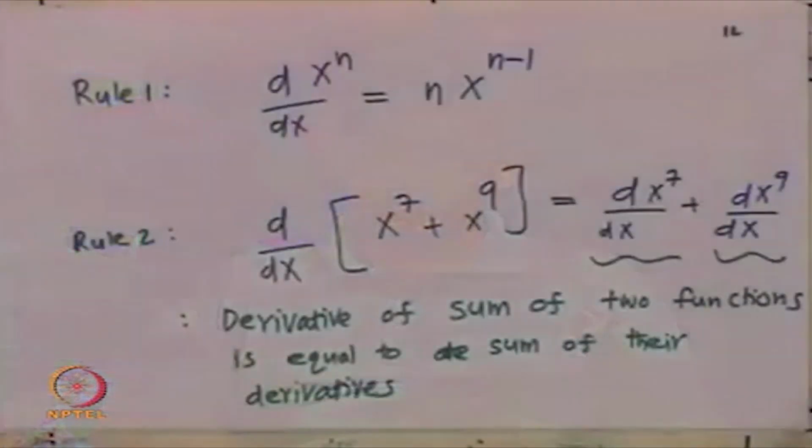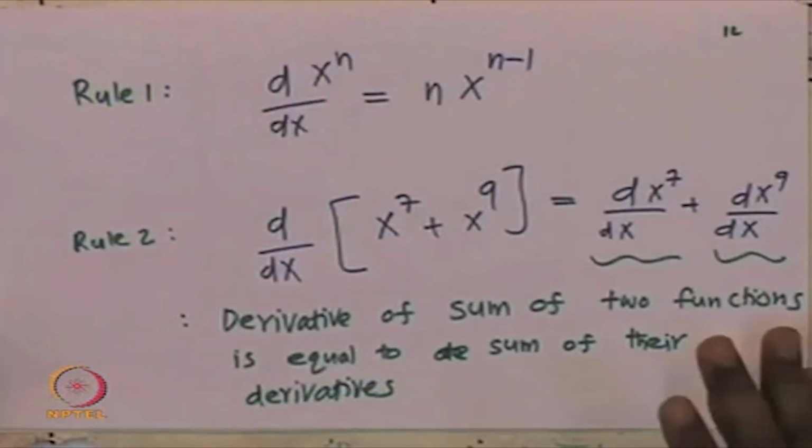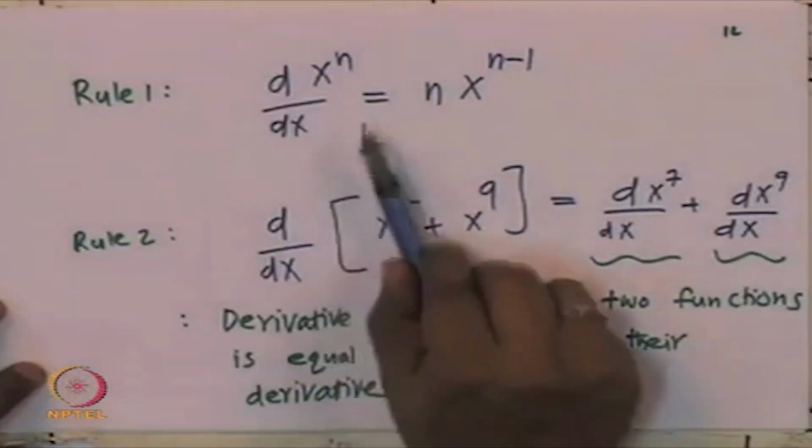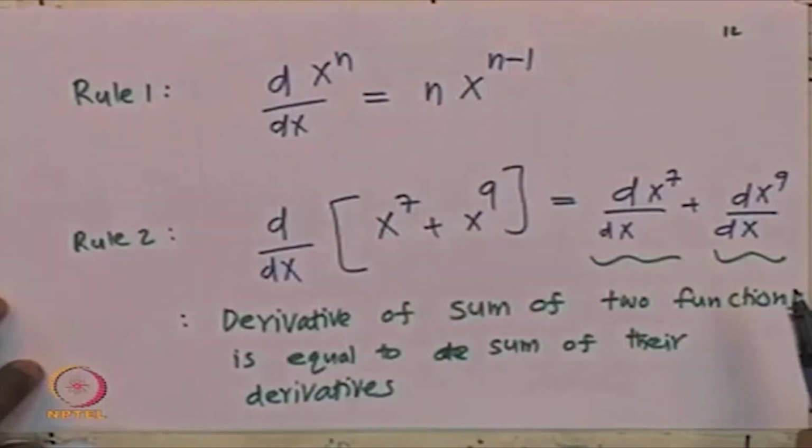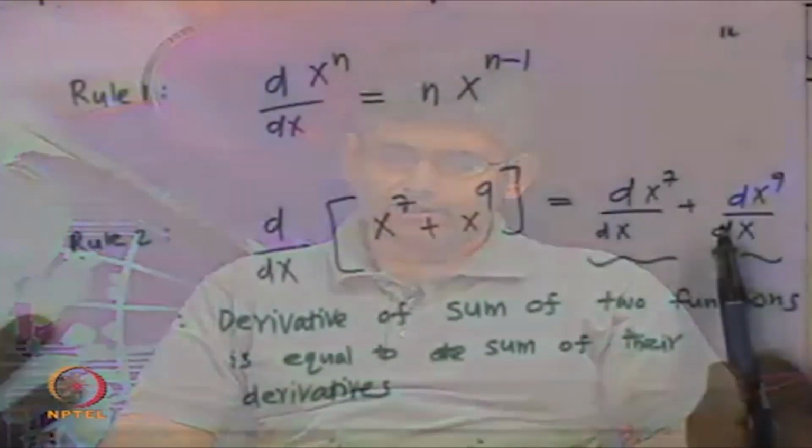So, to summarize today's lecture, we should just revisit those two rules which we saw. So, these are the two rules which we learned, and we can revisit them as a summary of today's lecture. The take home message is that the derivative of x power n is n x power n minus 1, and derivative of sum of functions is basically sums of their derivatives.